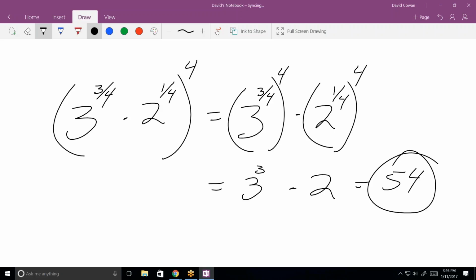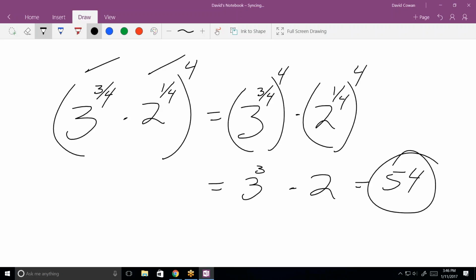If you'd done this on a calculator, come up with that number and that number, and then taken that product to the 4th power, I'll bet you would not have gotten 54. There would have been some round-off error.